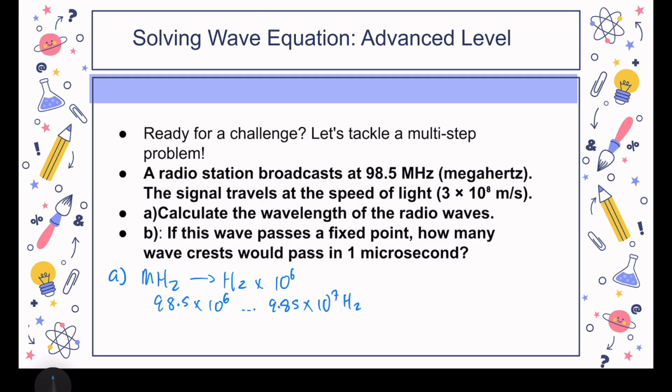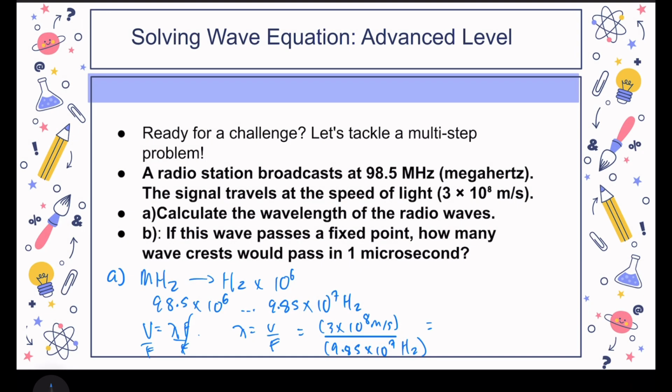And then with that in mind, I can just rearrange our universal wave equation here to calculate the wavelength. So if I divide both sides by my frequency, then the wavelength is going to be equal to the speed over the frequency. And then, of course, substituting this in, we got 3 times 10 to the 8 meters per second divided by 9.85 times 10 to the 7 hertz.